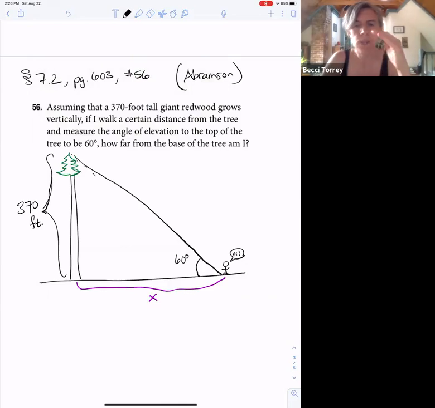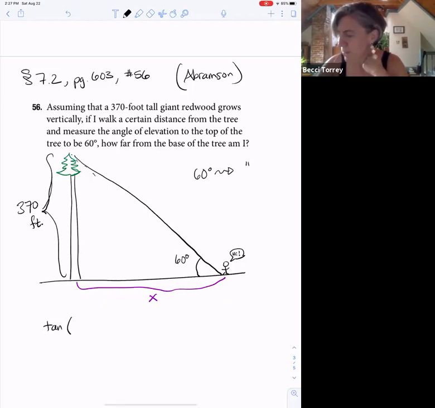And so when we know an angle and we want to relate the opposite side to that angle and the adjacent side, TOA, we want to use tangent, right? So we know that tangent of this angle is 60 degrees. Now, I'm trying to encourage you to use radians instead of degrees. So instead of 60 degrees, we're going to use the radian measure corresponding to that, which is pi over 3.